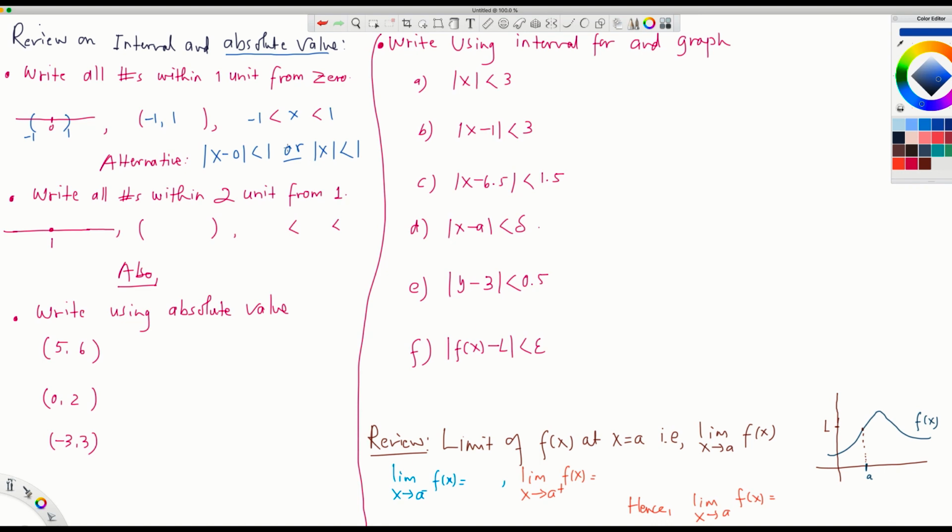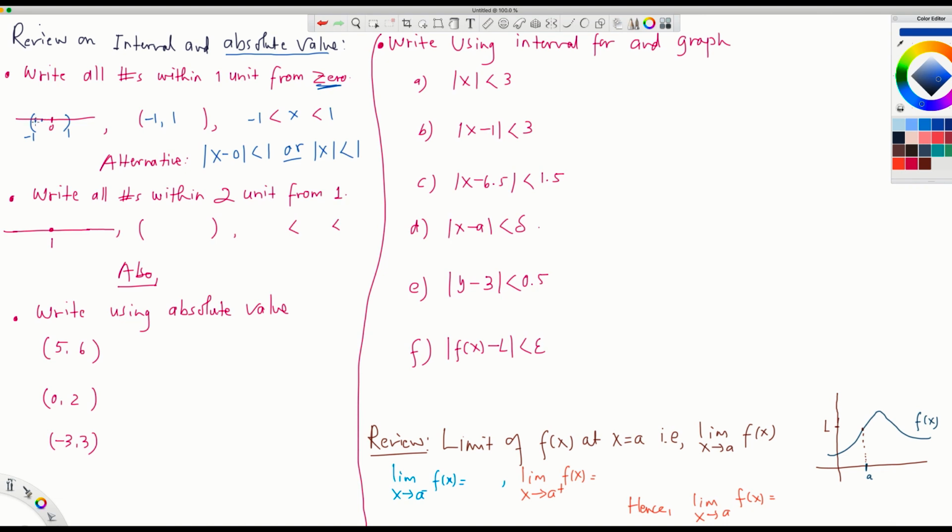So basically, if you want to write all the numbers that are a certain unit from a certain number, that number goes with x minus, okay? And the distance goes outside, after the less than sign. So x minus 0, because if you take x here, then x minus 0 is the distance between x and 0, which is less than 1, right?